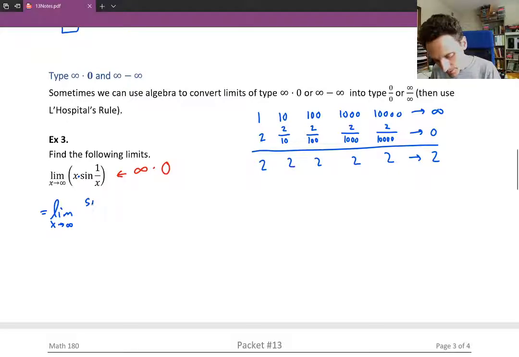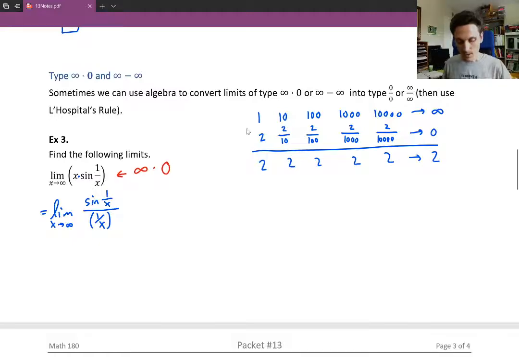So what I'm going to do is take the sine 1 over x and leave it on the top. I'm going to take the x and rewrite it as 1 over x. Now hopefully you can convince yourself that this is the same thing that we just started with. All we did was we rewrote the x as 1 over x.